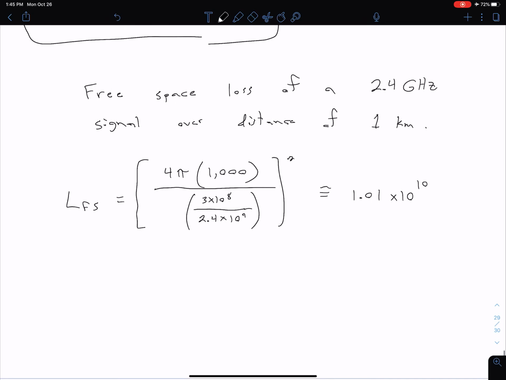Well, if we convert that to dB, so we do 10 log base 10 of that, what we get is our L in free space in decibels is equal to approximately 100 dB.